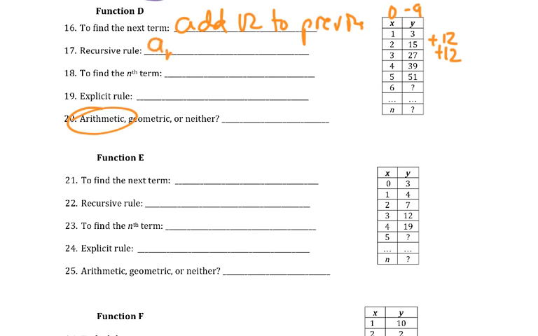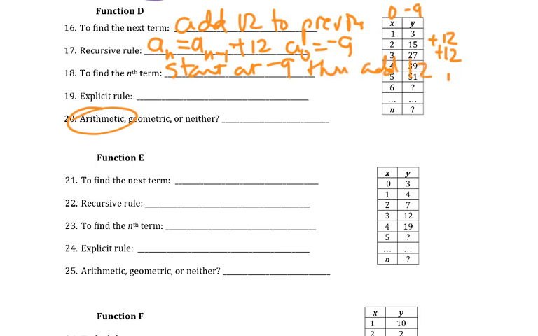So recursive rule: a sub n equals a sub n minus 1 plus 12, and a sub 0 equals -9. For the nth term, we start at -9, then we add 12 n times. So a sub n equals -9 plus 12 times n. And like we said, it was already arithmetic.